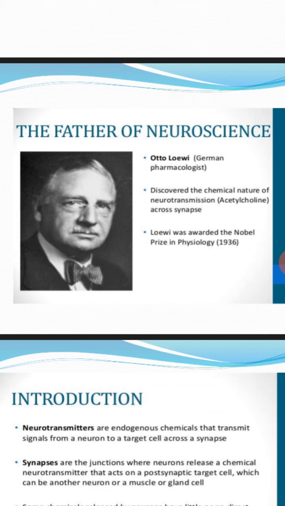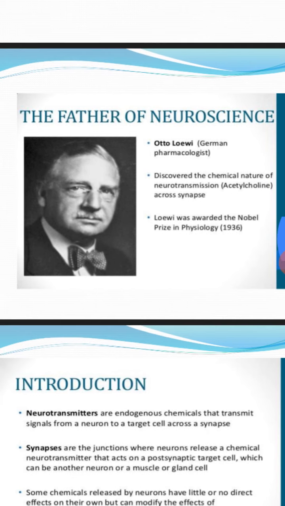Synapses are the junctions between the neurons, and when these chemical neurotransmitters are released, they are received by the receptors of the postsynaptic nerve, and then it is transferred into the muscles, etc.